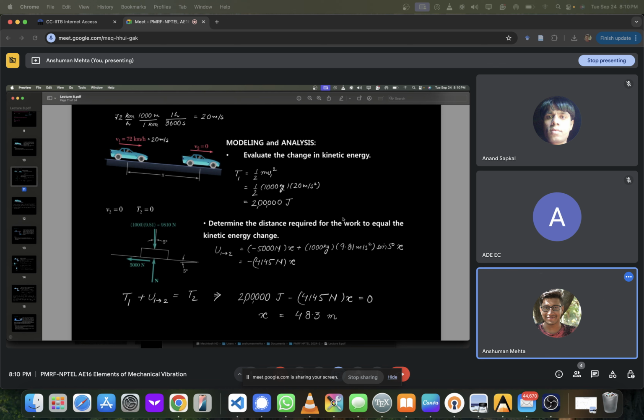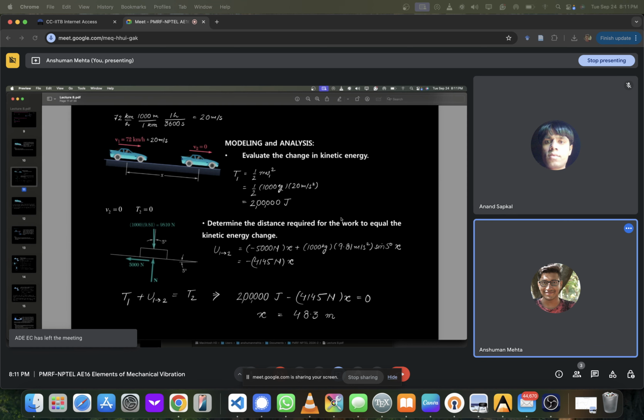Now finding T1, T1 is equal to half mv1 square, which is equal to half into 1000 kg into 20 meter per second square, which is two lakh joule.